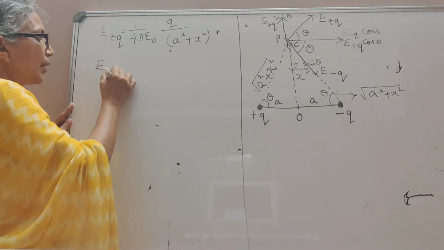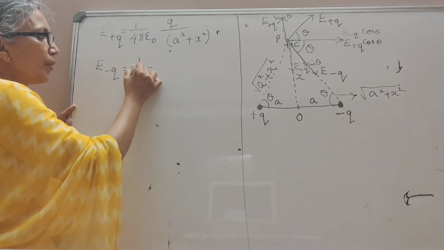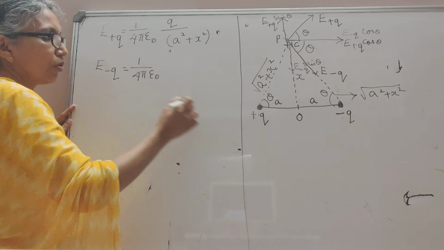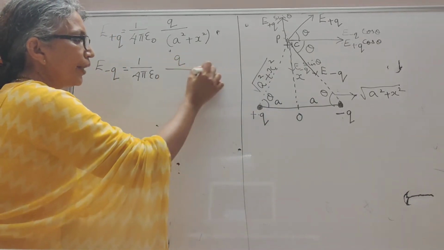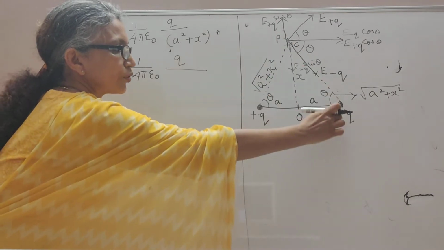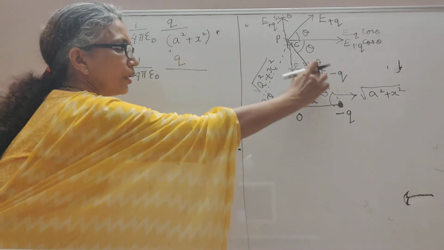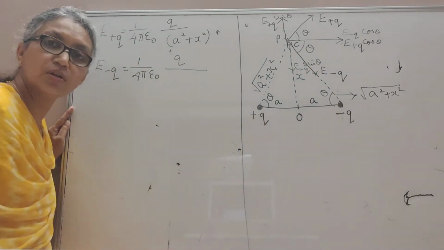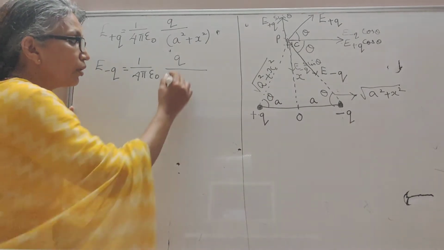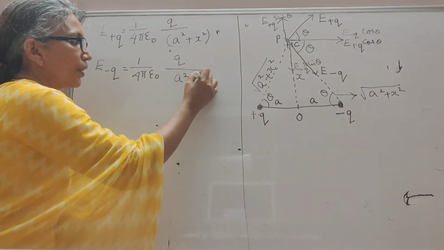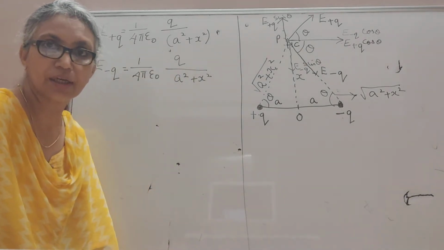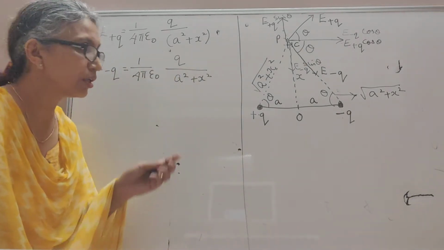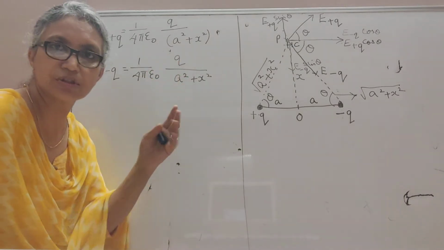Similarly, E minus Q will be 1 by 4 pi epsilon 0. You have a minus Q here, the source charge. So Q by, you will see that the distance from the source charge to the point P is also root of A square plus X square. The whole square you will have A square plus X square. I did not include the negative sign here because in vector addition, we only need the magnitudes to add.